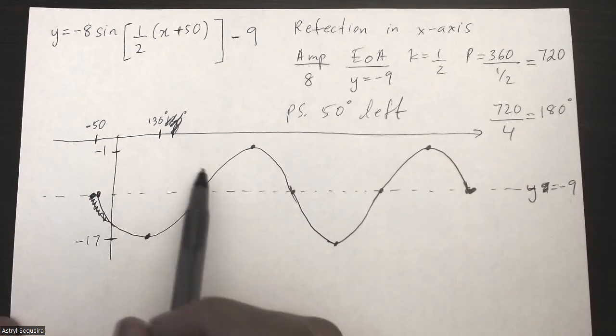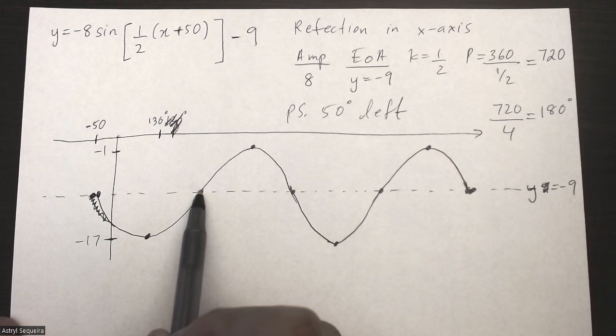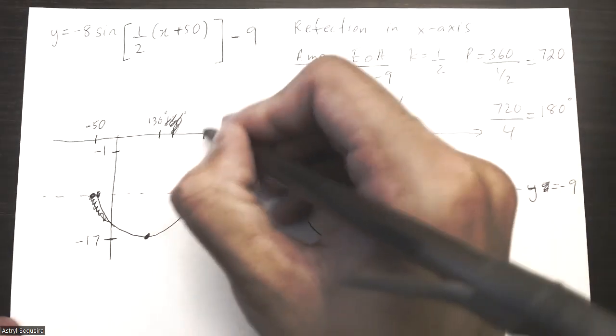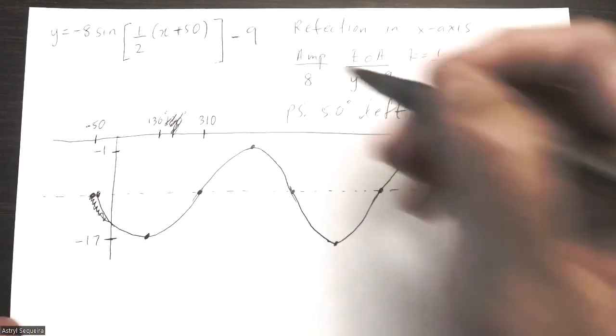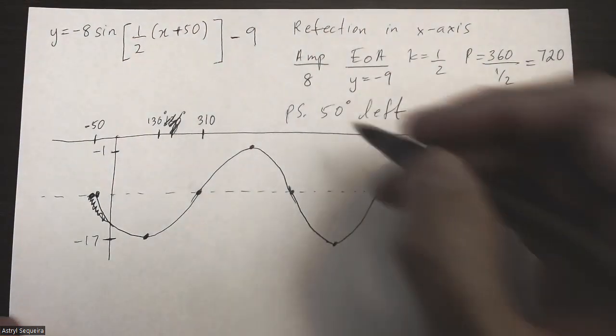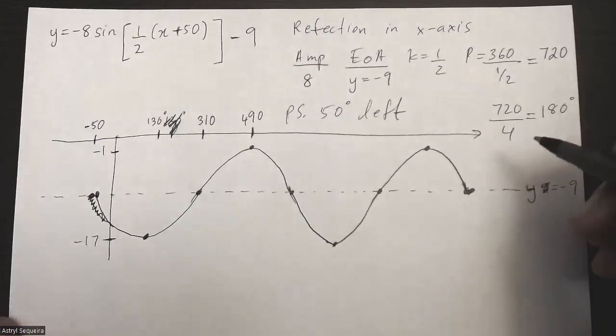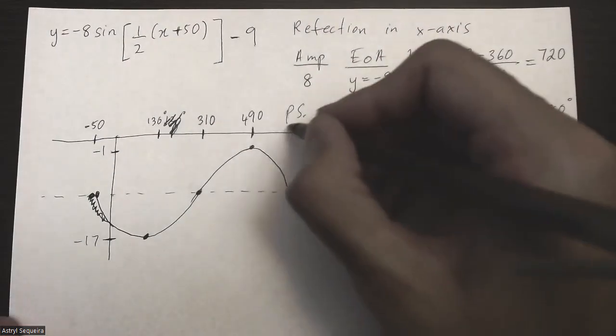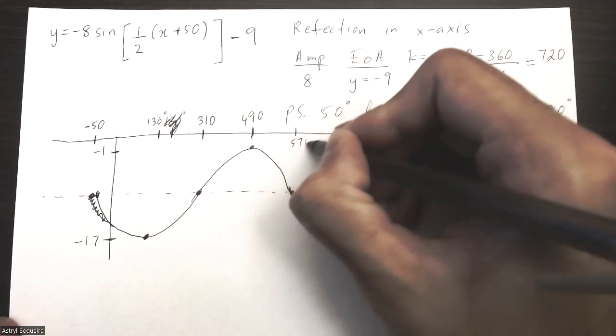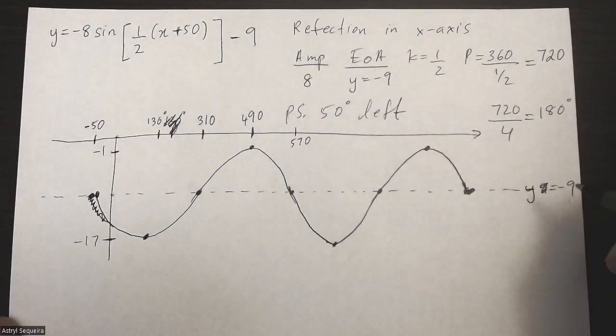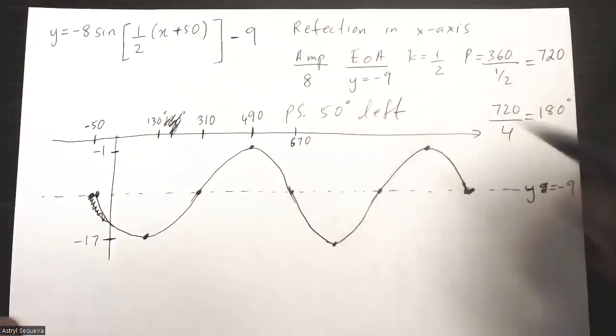The next point is 130 plus 180, which is 310. And then plus another 180 is 490. Plus another 180 is 670. Nope, that doesn't look correct. 610.